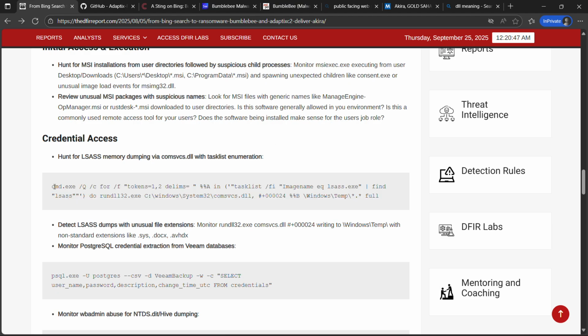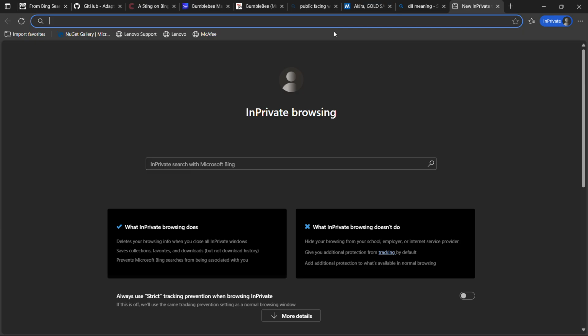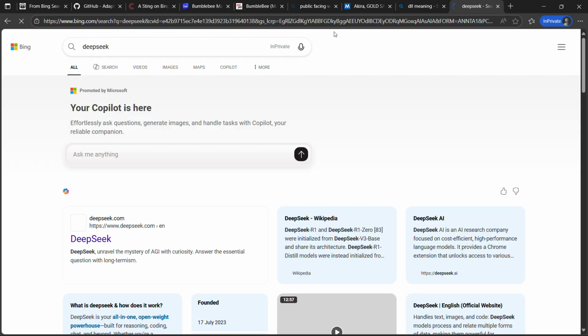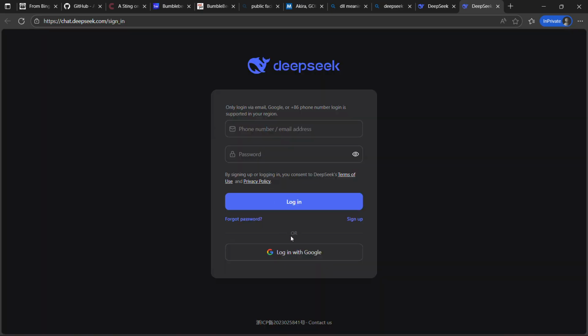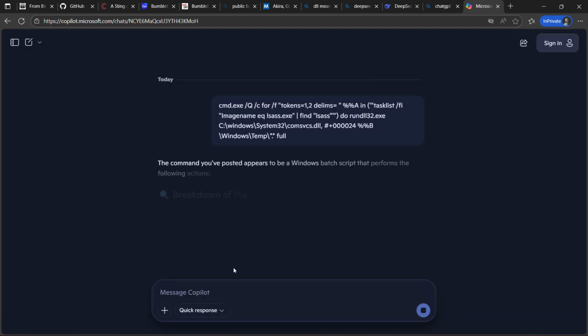One thing that I do though, if I want to search for something, I go to, let's say, DeepSeek. Okay, looks like we have to answer some captcha here.